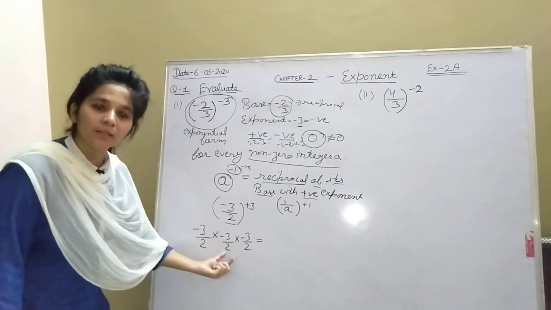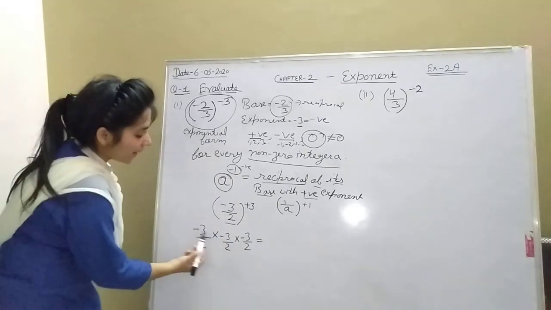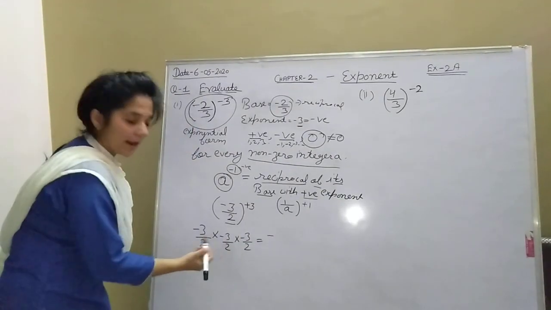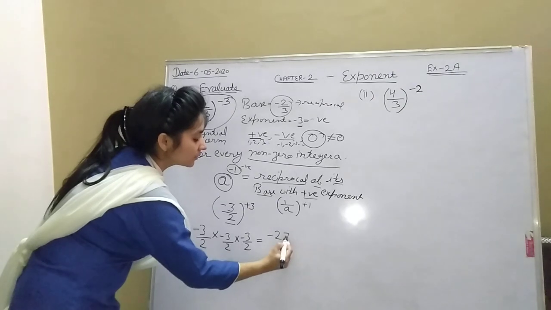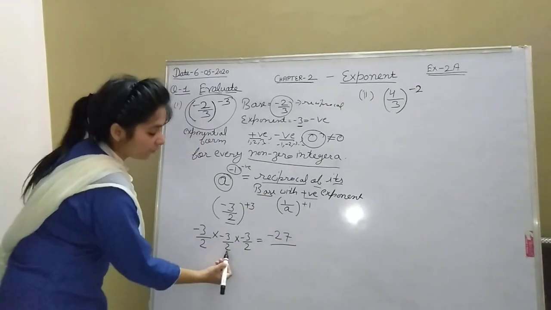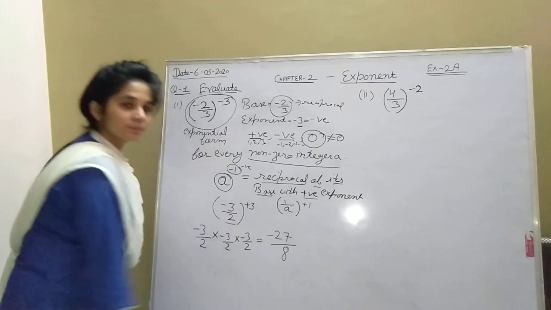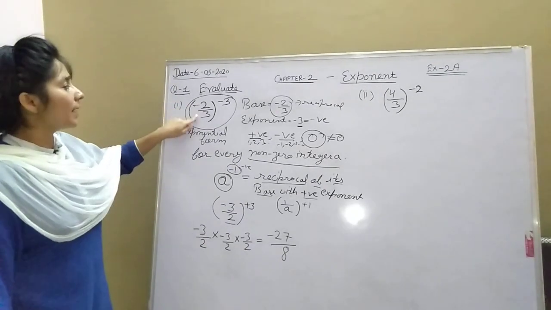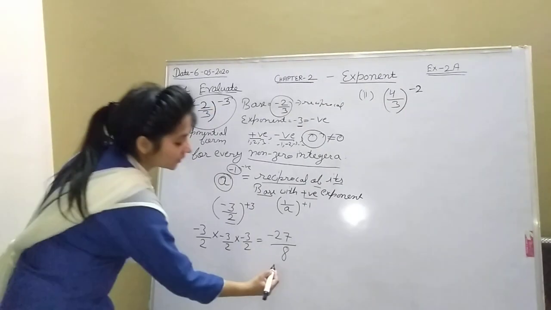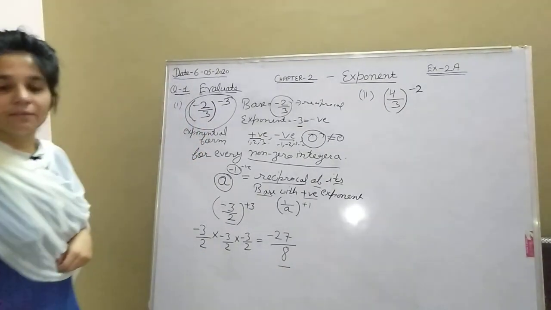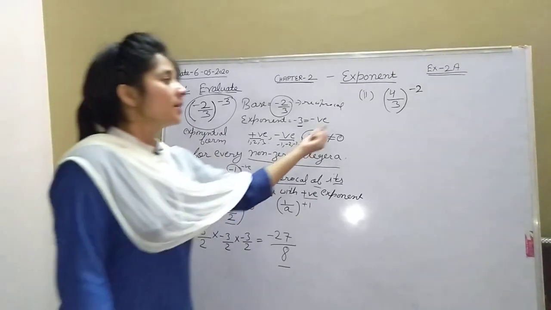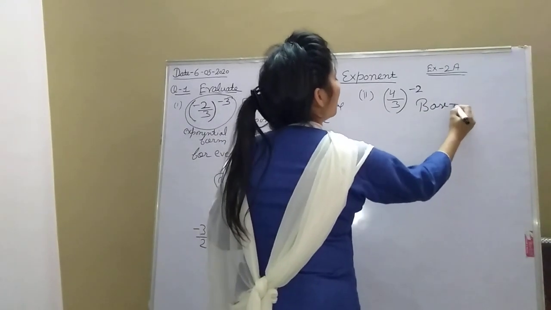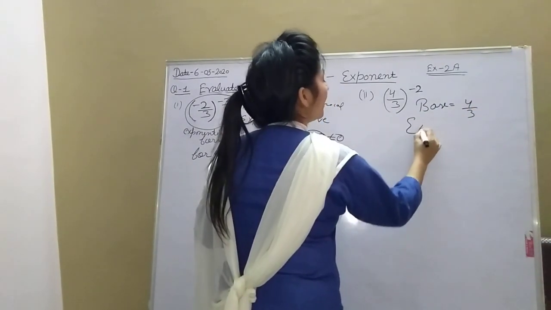Minus times minus is plus, plus times minus is minus. 3 3s are 9, 9 3s are 27, 2 2s are 4, 4 2s are 8. The solution of the given exponential form minus 2 by 3 raised to power minus 3 is equal to minus 27 by 8.